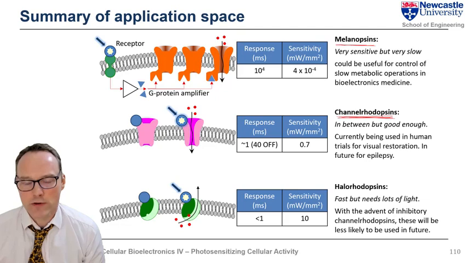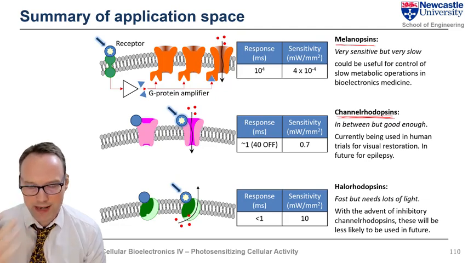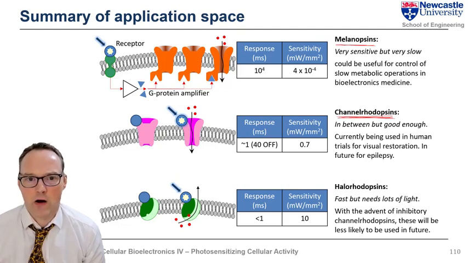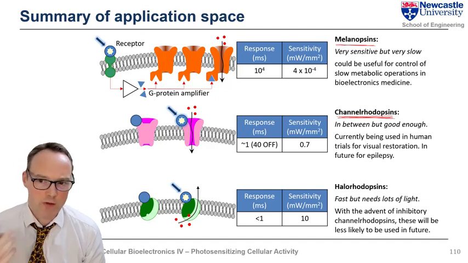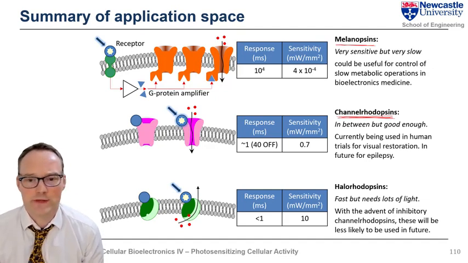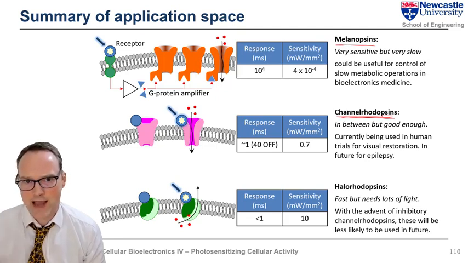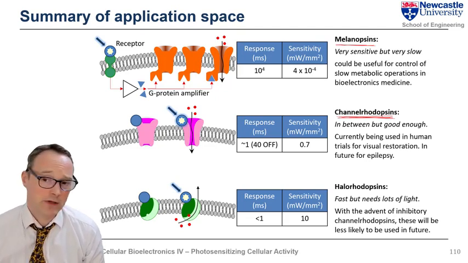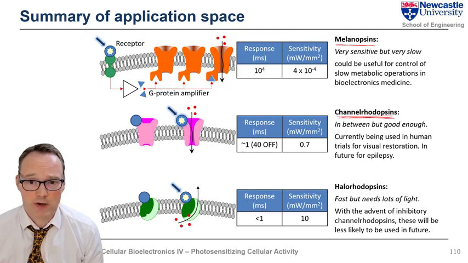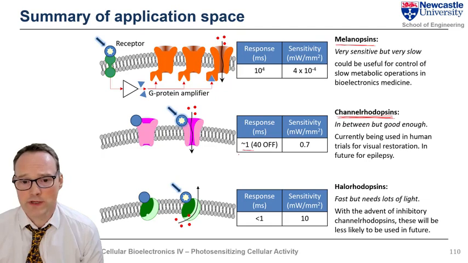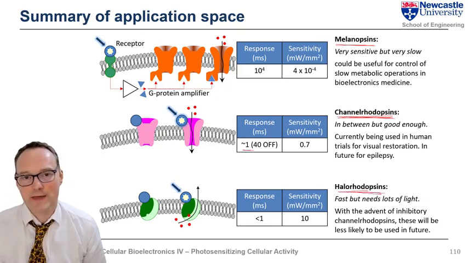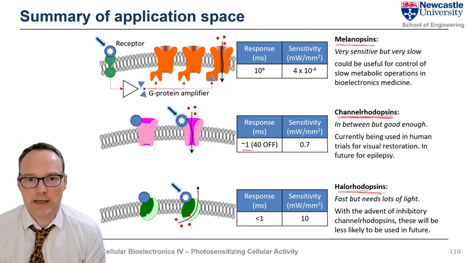It is worth noting that the light requirement of these is quite significant. It requires a lot more energy than electrical stimulation of cells, but in return you get this extra power, and the responsivity of these cells can be quite good, down to the millisecond with channelrhodopsins. Halorhodopsins were very exciting early on because they gave that negative capability.